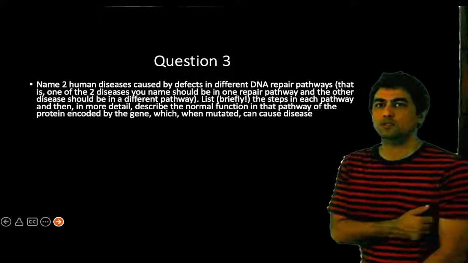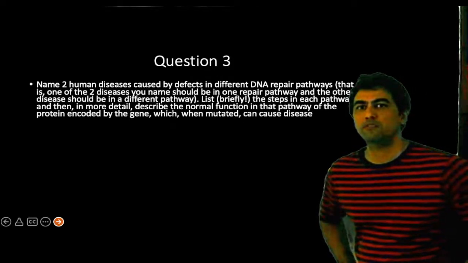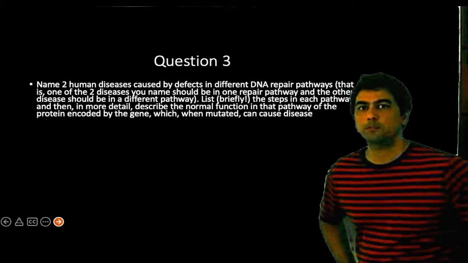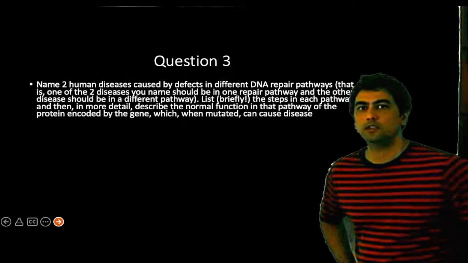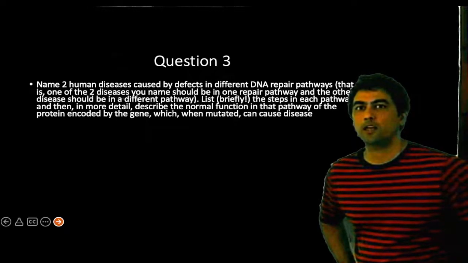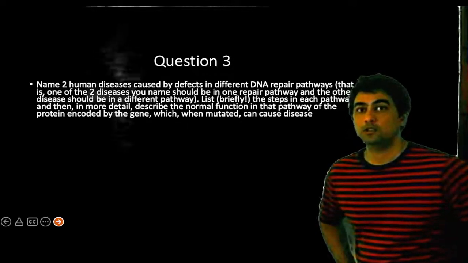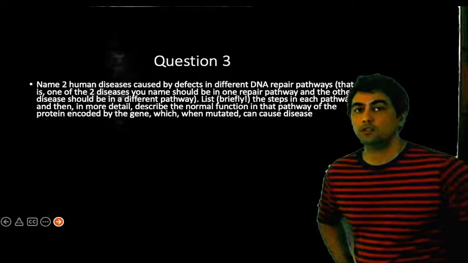Name two human diseases caused by defects in different DNA repair pathways. That is, one of the two diseases you name should be in one repair pathway and the other disease should be in a different pathway. List briefly the steps in each pathway and then in more detail describe the normal function in that pathway of the protein encoded by the gene which, when mutated, can cause disease.